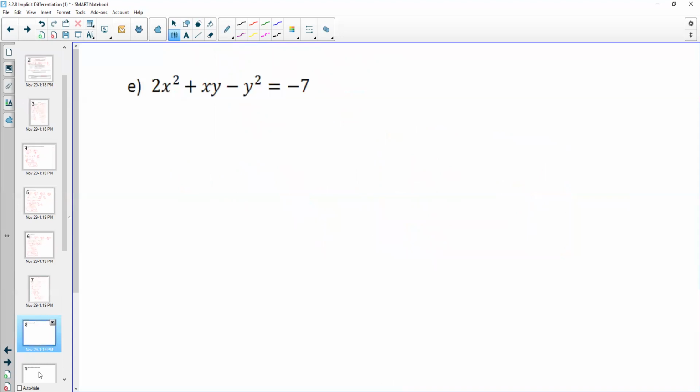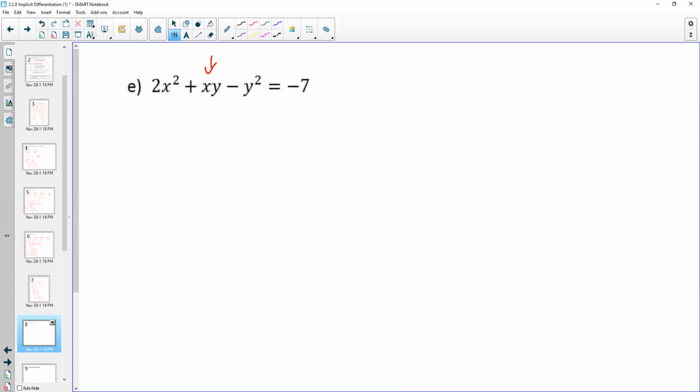Okay, so before we even get going, what rule might we have to use for that one right there? One of our derivative rules. What are we doing to these two? We're multiplying them together.